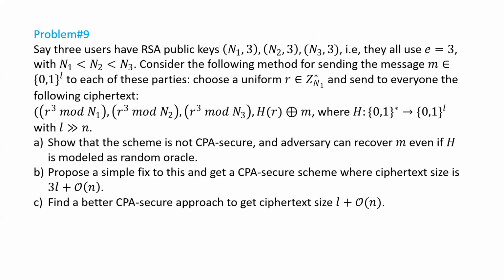Consider the following method for sending a message M belonging to an L-length binary string to each of these parties. We first choose uniform R belonging to Z_n1 star and send to everyone the following ciphertext: R cube mod n1, R cube mod n2, R cube mod n3, then H(R) XOR M.